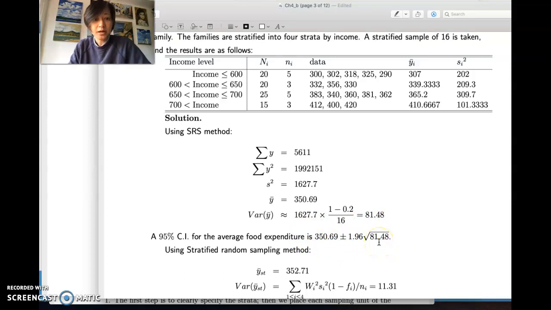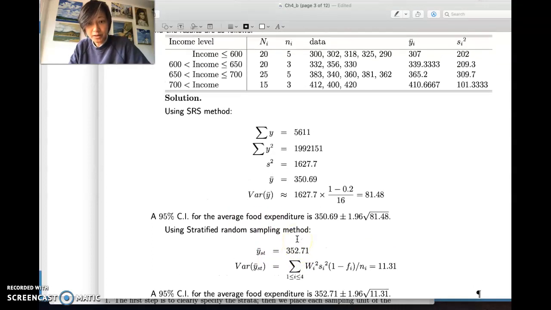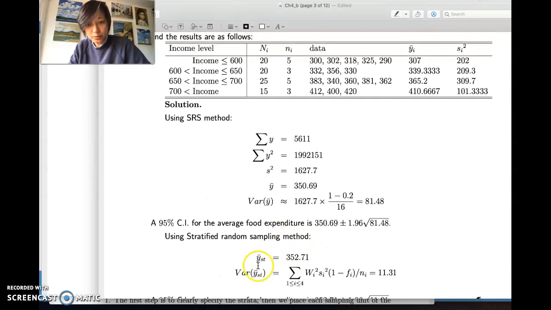All right, so in this chapter, we use stratified random sampling. Under stratified random sampling, y bar would be estimated by the summation of these 4 figures weighted by the population ratio. I didn't write it out.